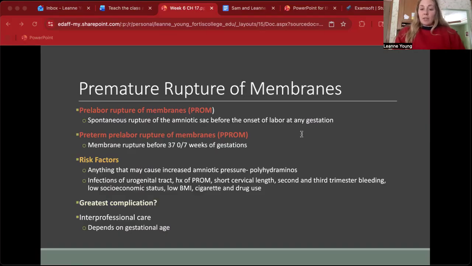Prior to 32 weeks gestation is managed conservatively. Women are often hospitalized and continuously monitored in an attempt to prolong the pregnancy and allow for the infant to mature. Antibiotics, glucocorticoids, fluids, bed rest, activity rest, and magnesium administration is typically what happens.